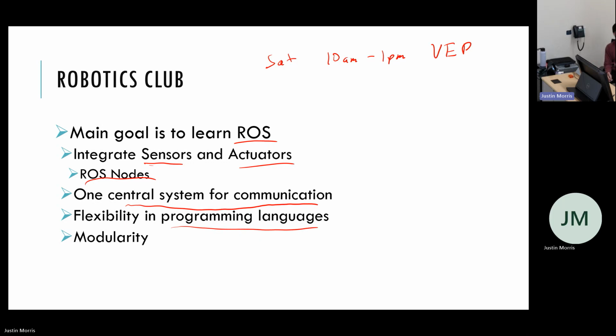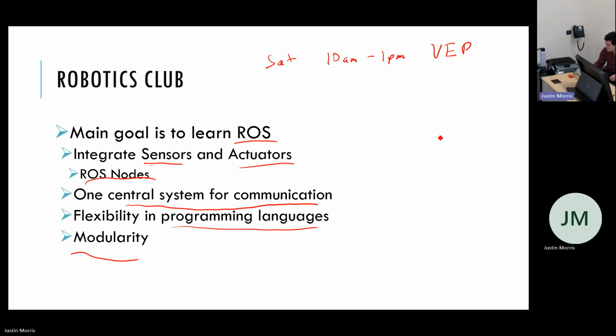So you can program one ROS node in C++, if that's what you're proficient in, and say your other team is working on navigation or something like that, they're more proficient in Python, then they can use Python. And you can also develop multiple different programs for the same node with different programming languages, and you can easily just swap it out. So it's modular.